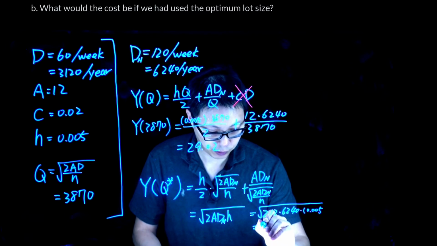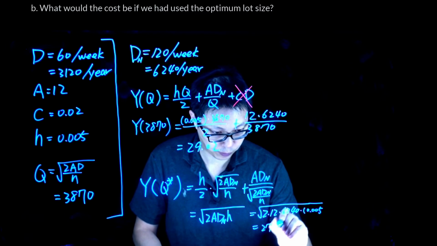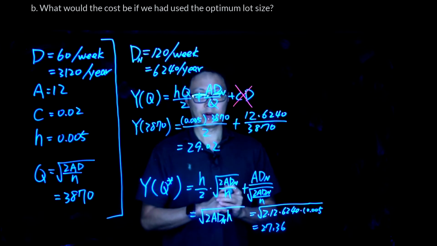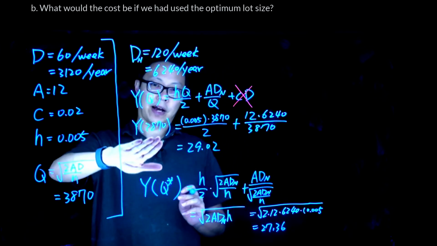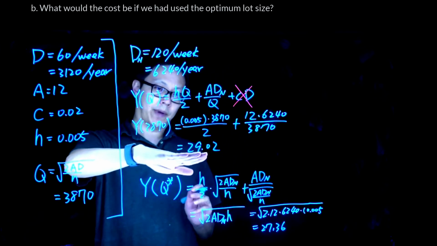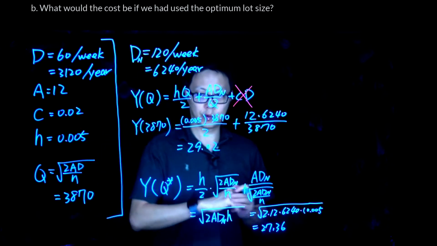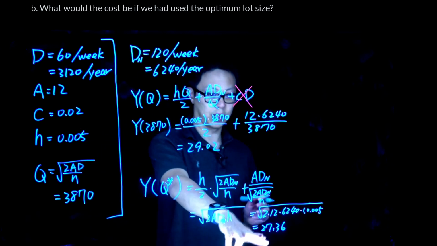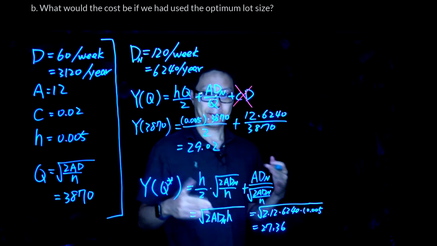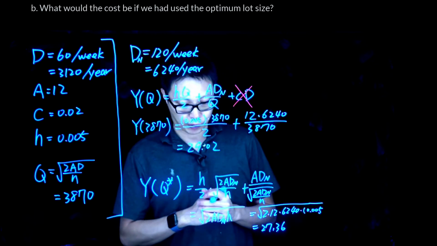Everything here should be equal to 27.36. So if I don't order the optimal quantity, my cost will be 29.02. When I order the optimal quantity, my cost will be 27.36.